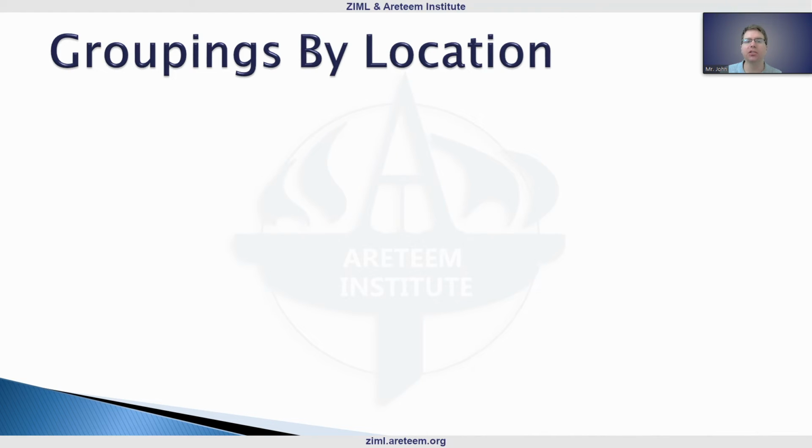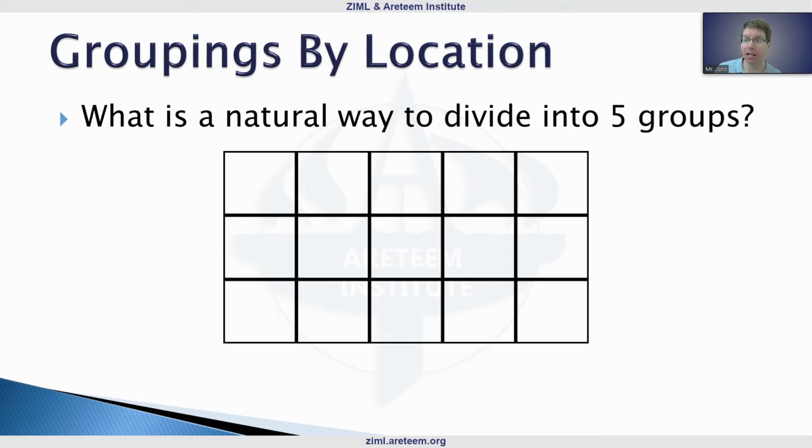Now, just to show why these things are a little bit interesting and it's not as obvious as you may think, right? Even in a simple example like this, what is a natural way to divide into 5 groups? Well, here we have a pretty natural way. We have a 3x5 grid. We want 5 groups. So how about we group them vertically in these columns like this here?